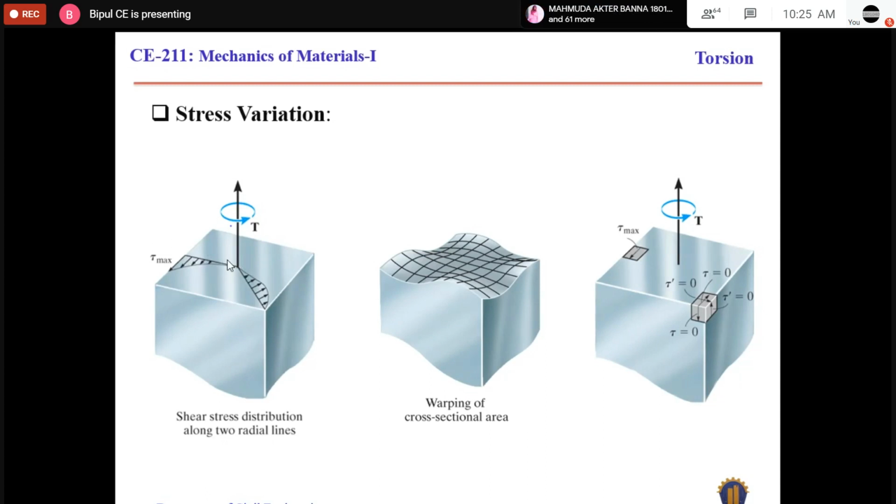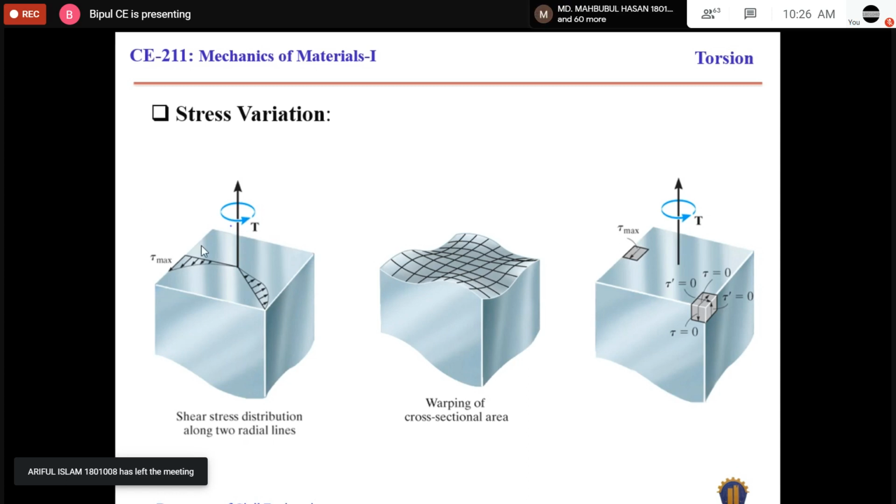But it was reversed in the circular shape. In the circular shape, we saw that the maximum shear stress is developed at the remote point, that means at the point which is located far away from the axis of rotation. But in this case, the maximum stress will be developed close to the axis of rotation.